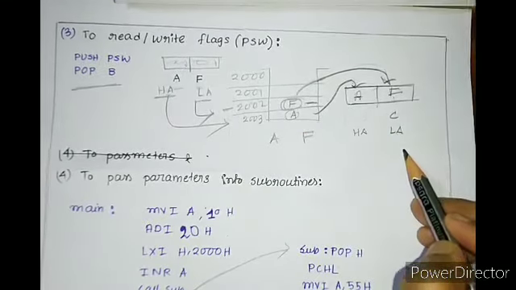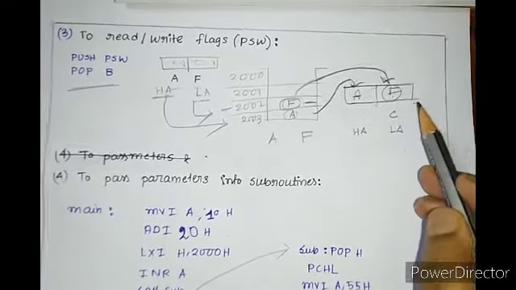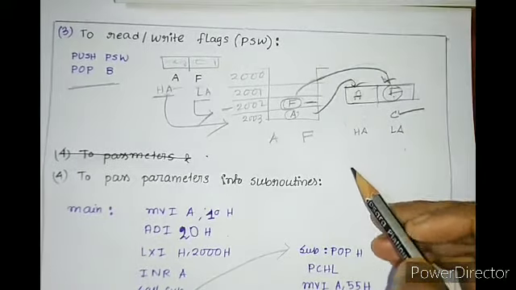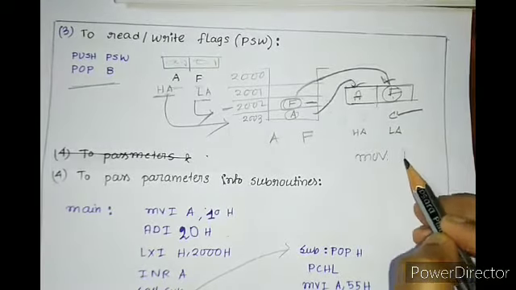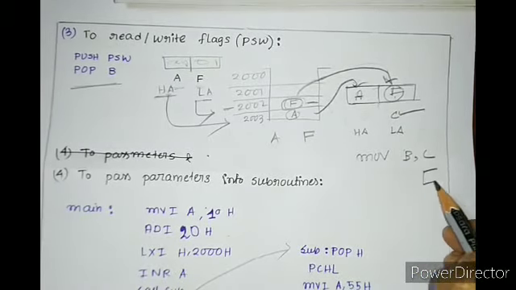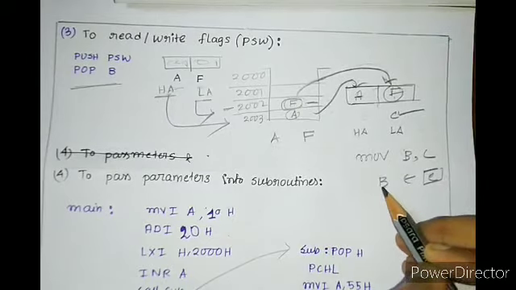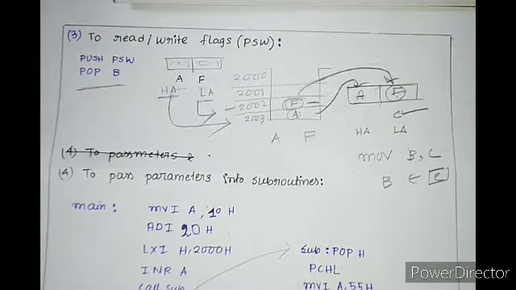Now I have the data of the flag register in C. And I was told to get the data in B, so just do MOV B, C, and the value of C will get stored at B. That's not a big deal, but the point to mention here is that I can get the data of the flag register into my desirable register.